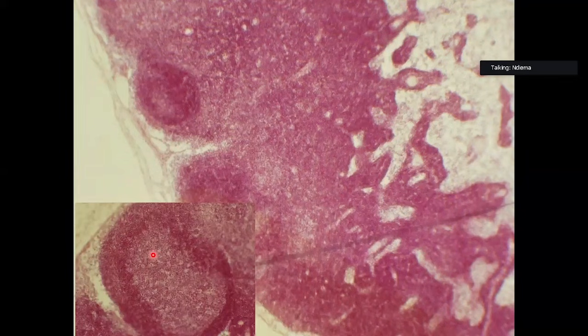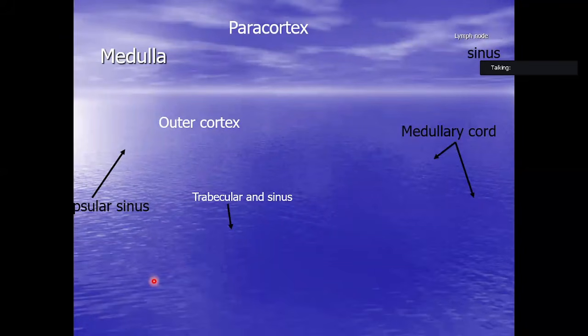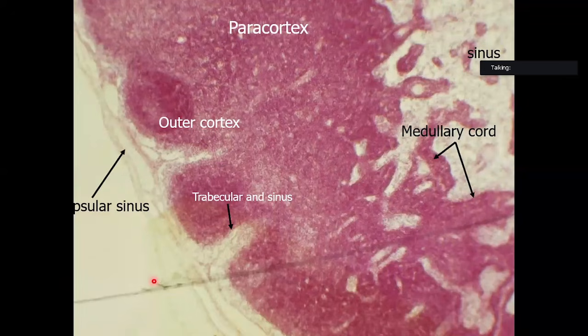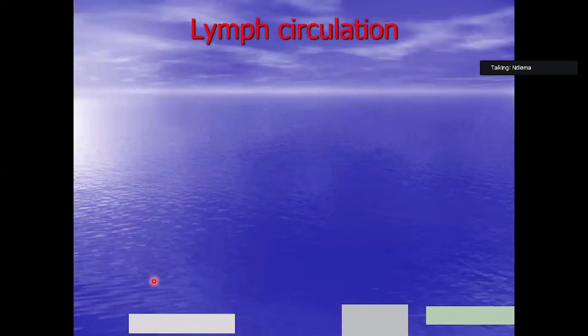Notice also that within the germinal center, we have the light areas and the dark areas. Dark areas contain closely packed immunoblasts. So this is what we have as the lymph node.